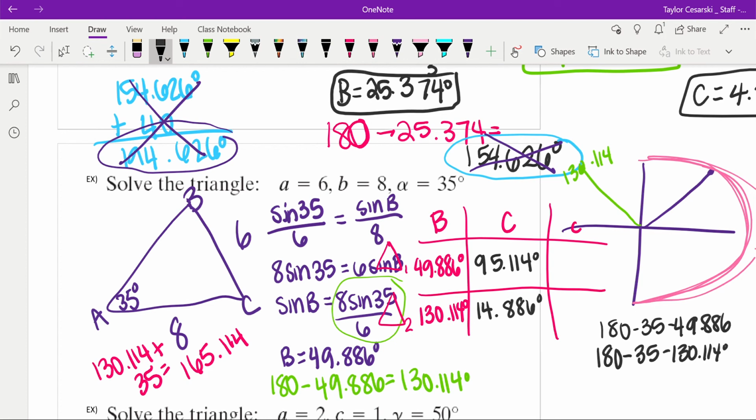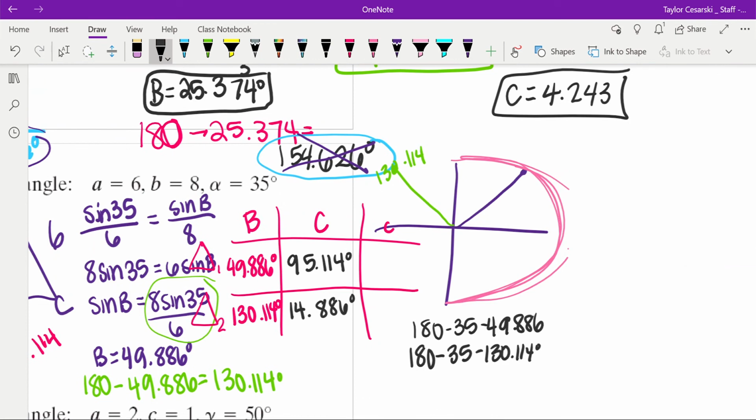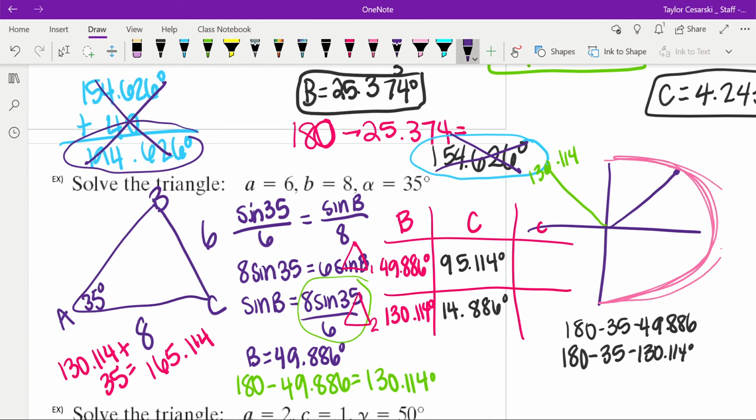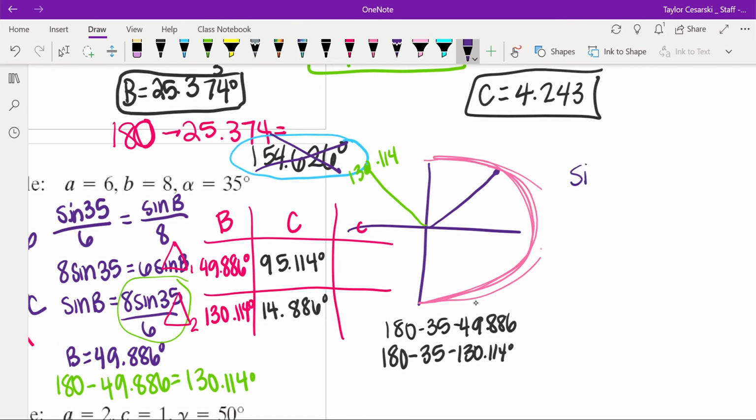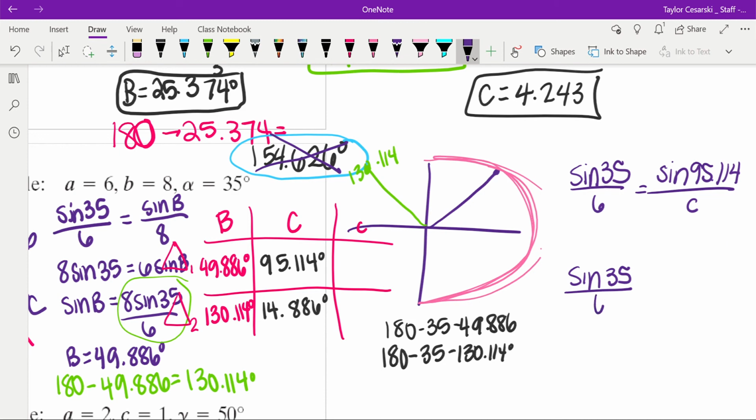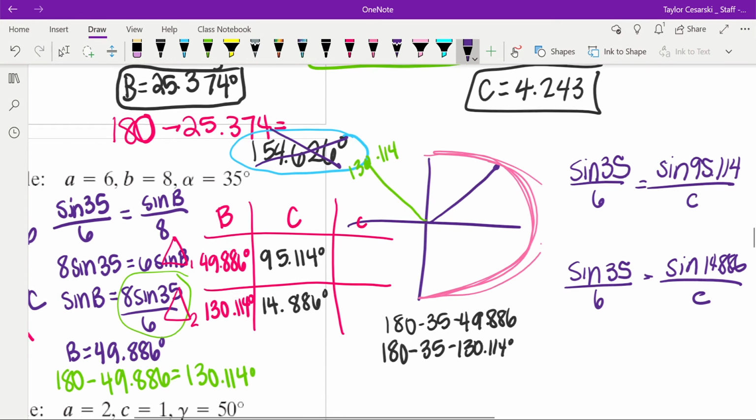Okay? And lastly, we need to find side C, and that will vary depending on what my angle C is. Okay? So what we're going to do is we're going to set this up. So we have the same ratio, sine of 35 over 6 equals, and we're just going to plug in sine of 95.114 over C, and then we're going to use the other one, sine of 14.886 over C, because those are my two possibilities.